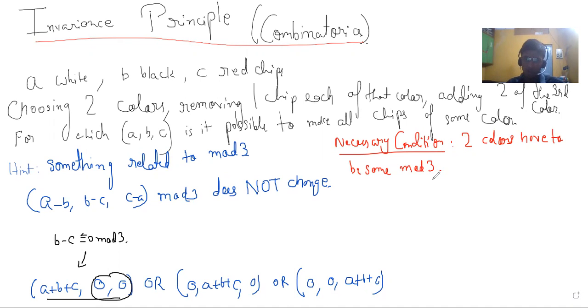So let's take an example. Maybe let's take 1, 1, and 4. Oh, this will obviously work. Let's take 4, 7, and 6.